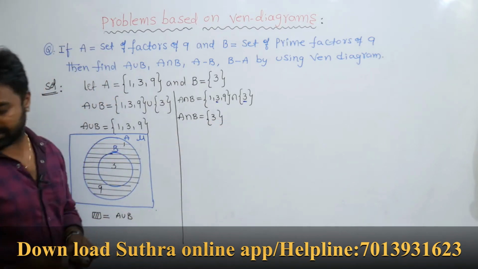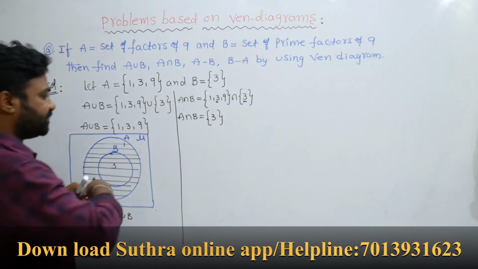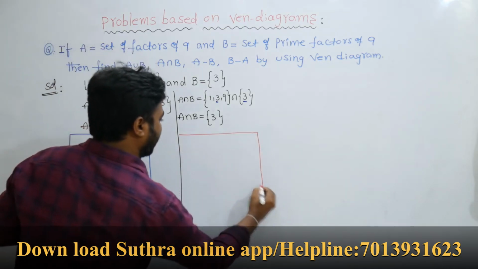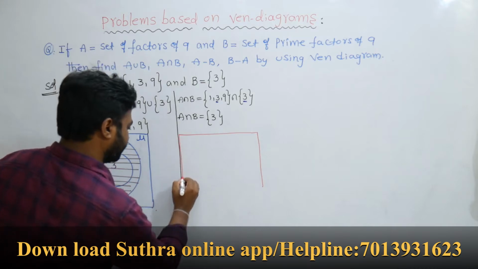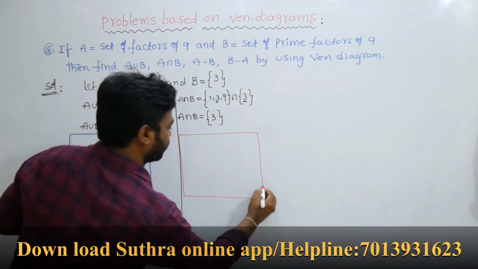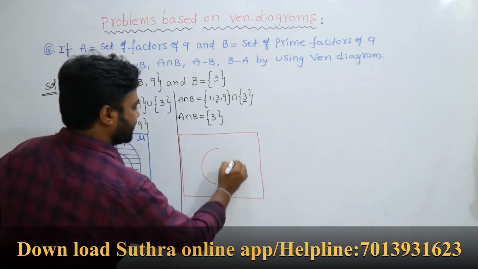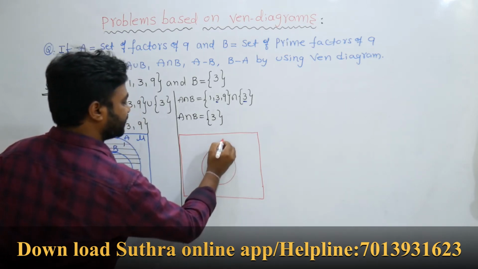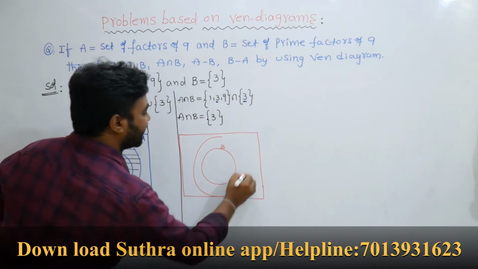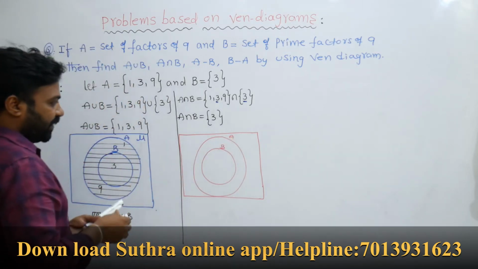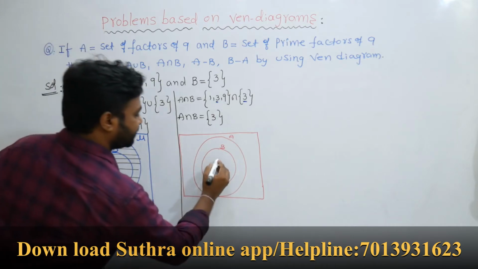Now we will draw the Venn diagram. First the mu set. It is B set, and this one is A set. In set B only the element 3.